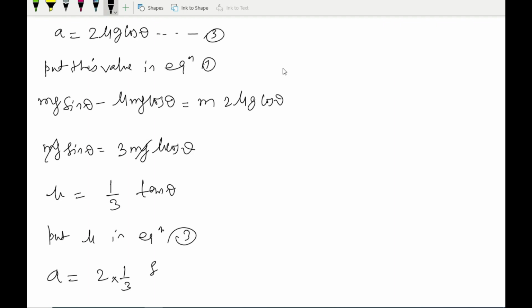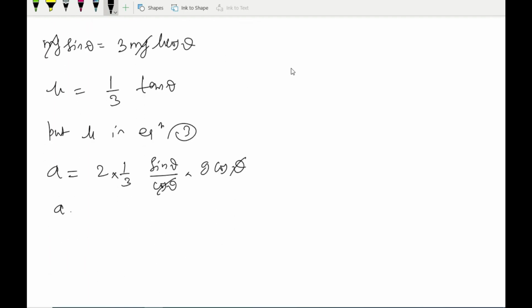Tan theta is nothing but sin theta by cos theta, and then g cos theta, right? g cos theta. Cos theta, you can cross them out. This will become a equal to 2 by 3 g sin theta. You got the value of a.